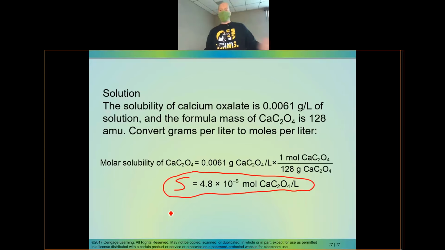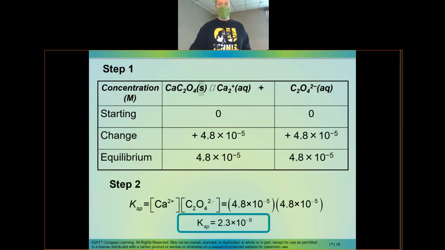As we did our KSP, we had S, so you simply take that number and square it to get your KSP for this problem. When you square your 4.8 times 10 to the minus 5, you get 2.3 times 10 to the minus 9. That's how you get from a solubility in grams per liter into moles per liter. You have to use the molar mass.